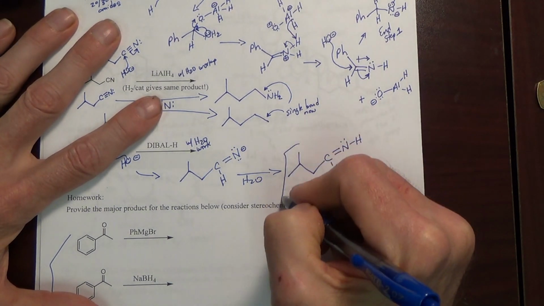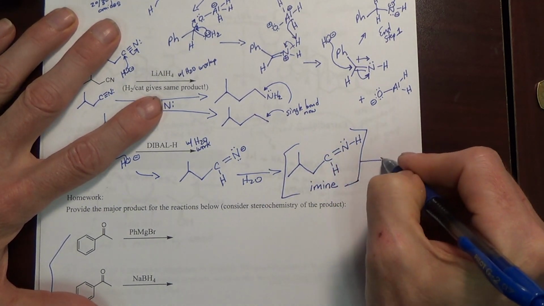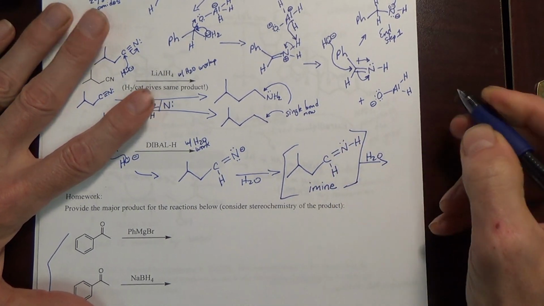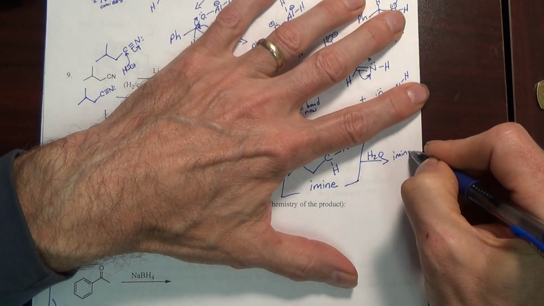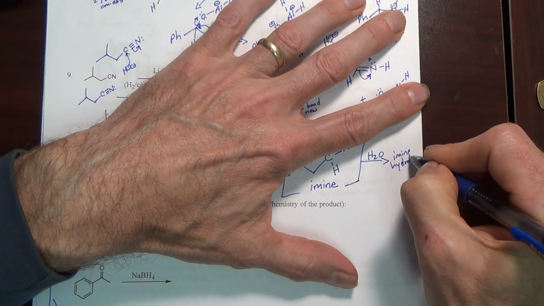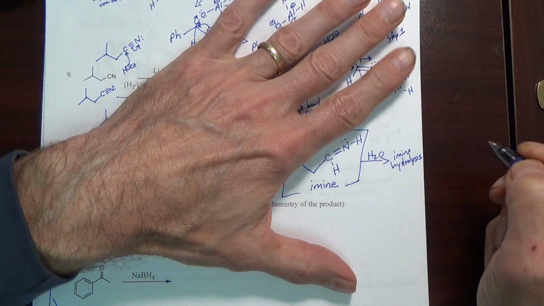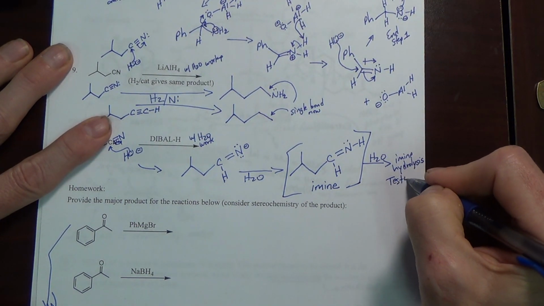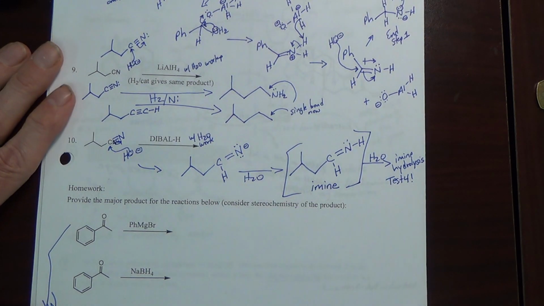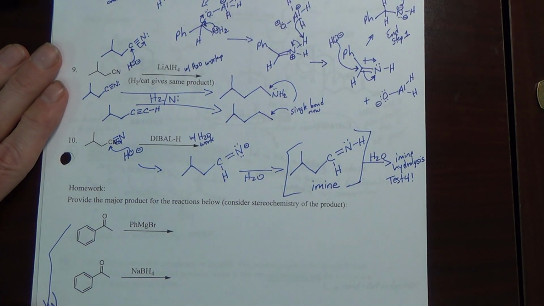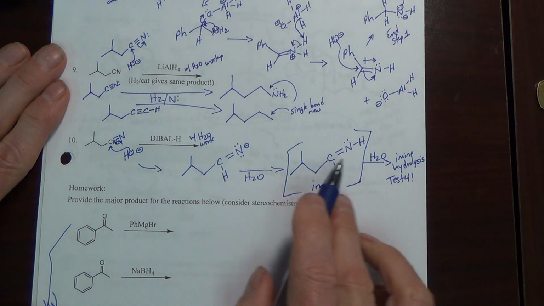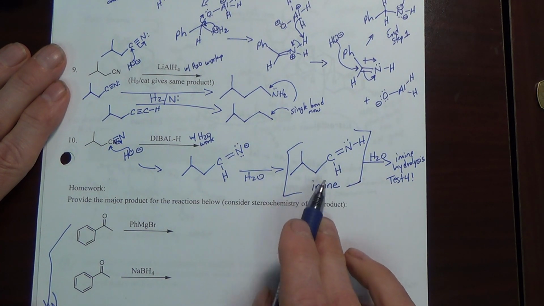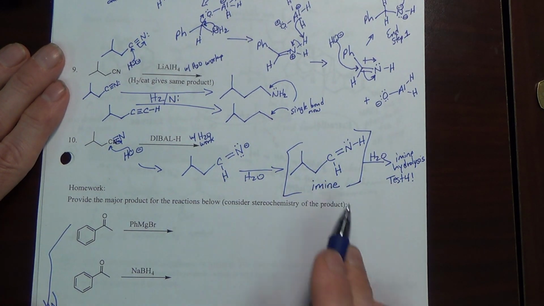Now that's actually not the final product, because with water, we're going to end up with imine hydrolysis, particularly if we include acid. And that is going to be test 4 chemistry. All right. We're going to leave here. Stop there.